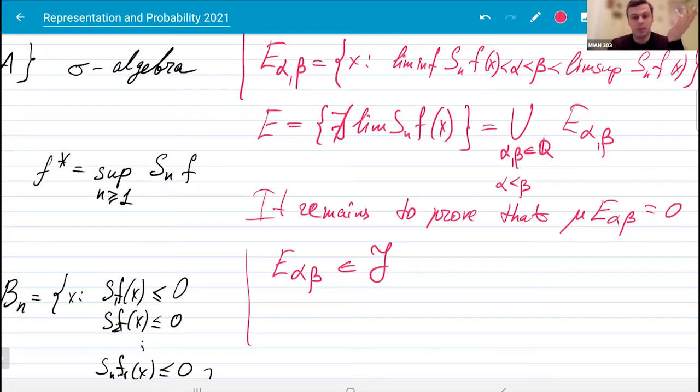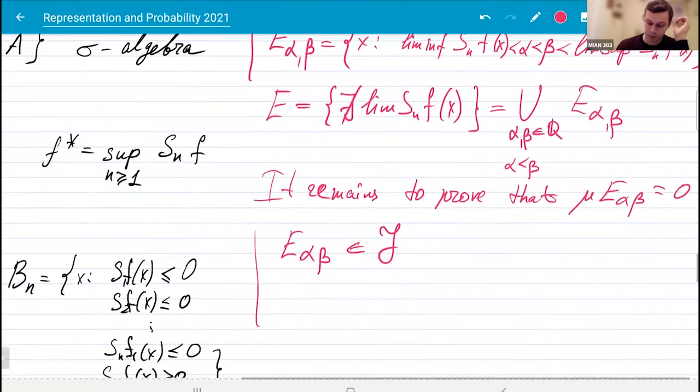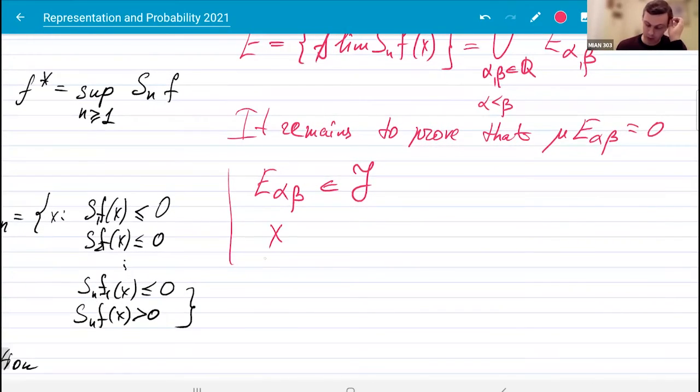In fact, maybe I should write it down even before, but let us consider the point x and the point Tx. What can we say about the difference between x and Tx?